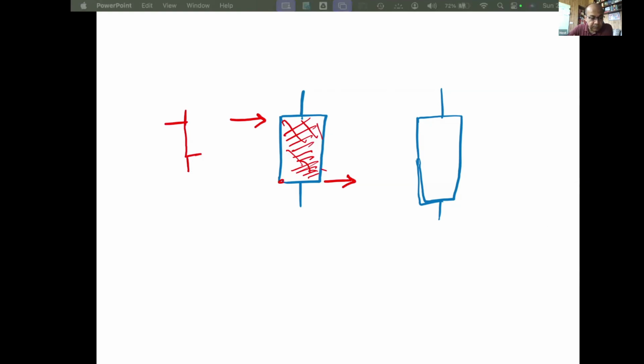Let's try to do this. So the bar chart for this particular candlestick would look like this. This was the open on the bar chart, this was the close on the candle. If it is a red candle, that means the close is lower than the open.